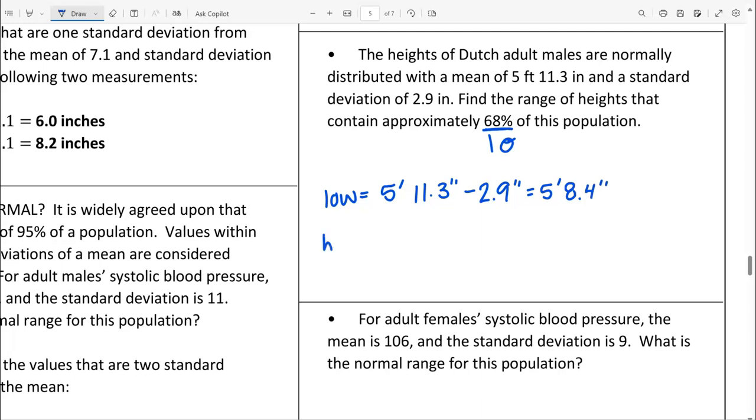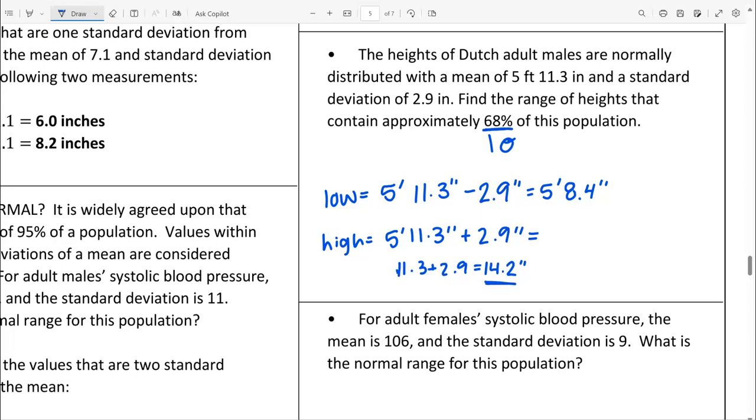Now we're going to go the opposite direction and find the high end of our range. So again, 5 feet 11.3 inches plus 2.9 inches equals, this one's a little bit tricky, because when you add 11.3 and 2.9 inches together, you get 14.2 inches, which is greater than a foot, right?